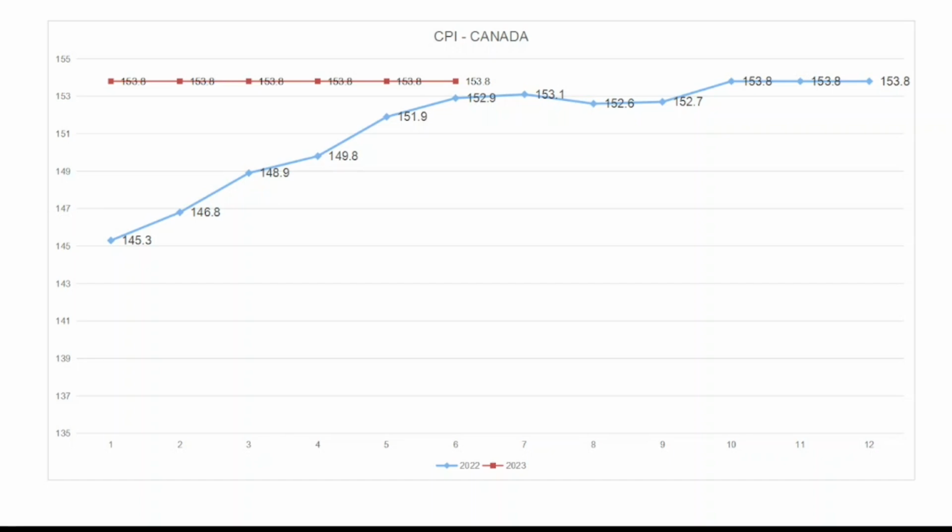What I'm understanding looking at these numbers is that even if we pay what we are paying today, that is the 153.8 CPI number, sure, for some commodities we may pay less, for some we may pay more, but if we get an overall average of 153.8, we are spending exactly the same amount that we are spending today, and we will be spending the same amount next year in May, June, July, but the inflation will come down to 2%.